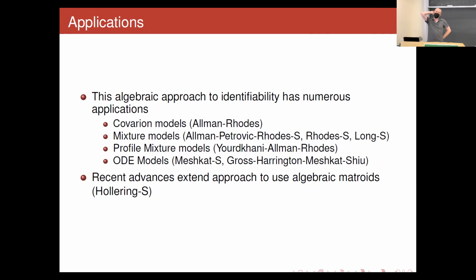There's an algebraic matroid associated to each variety. And so you don't even need to find equations if you can just understand the matroids well enough to prove identifiability. So there are lots of interesting questions here, and lots of further problems to apply it to.